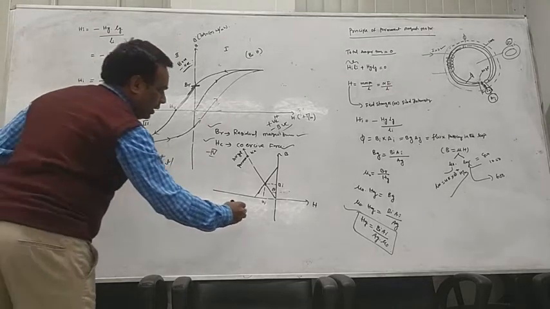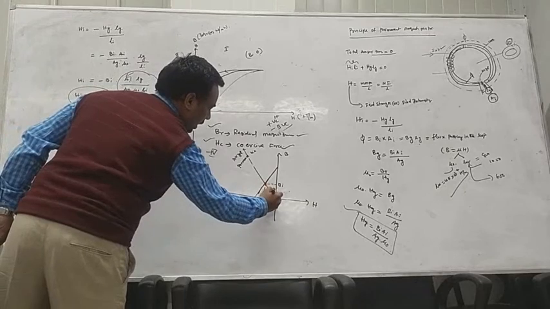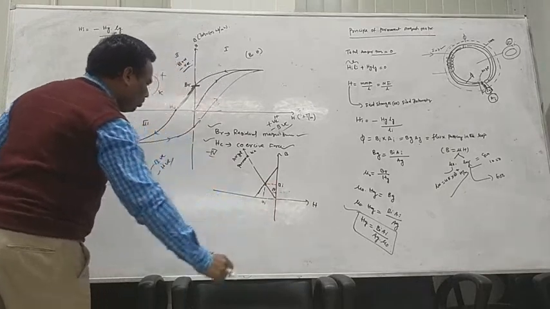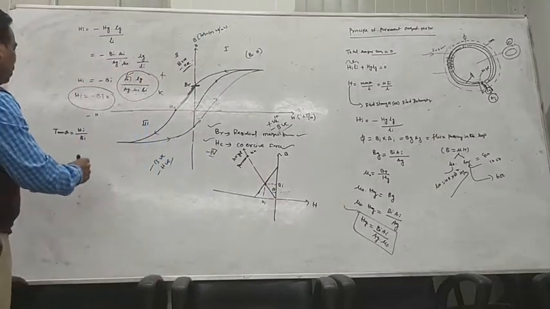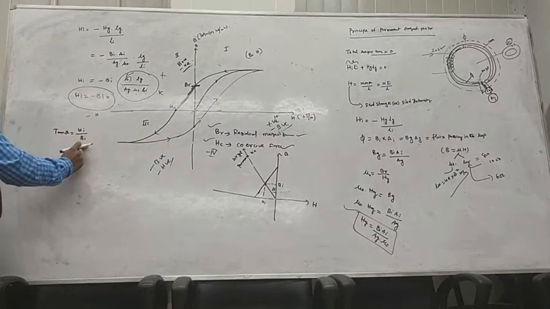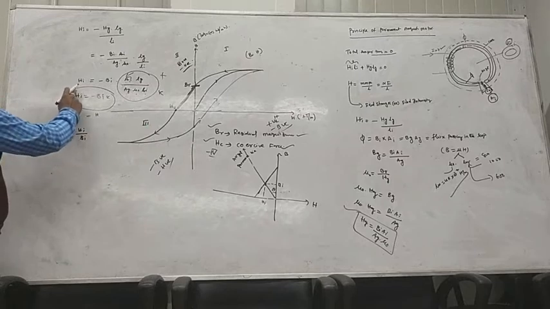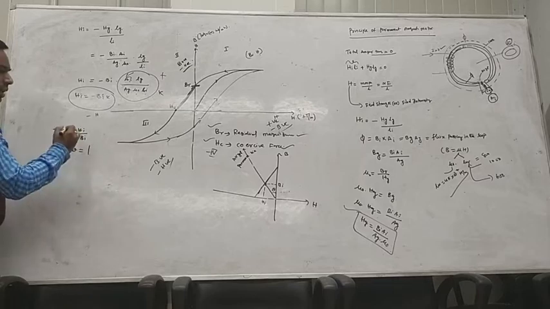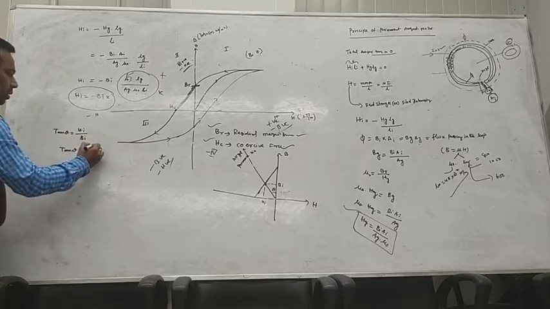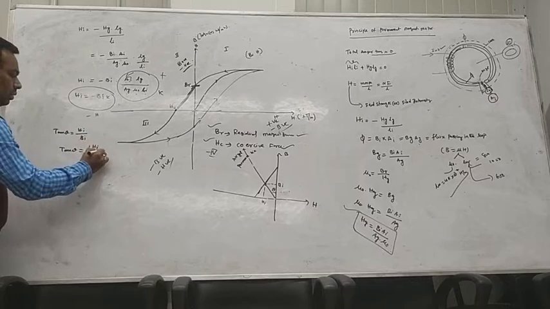So if you substitute the HI value and Bi value, tan theta is equal to the magnitude of HI by Bi.